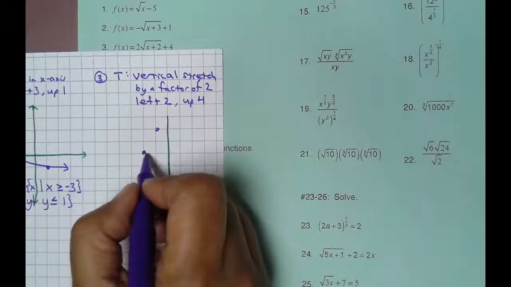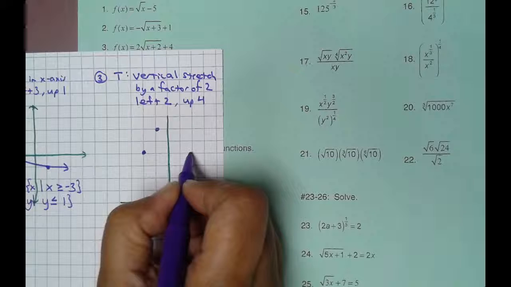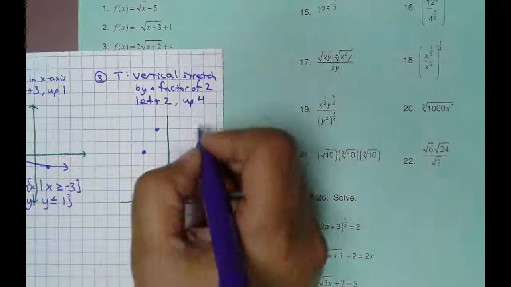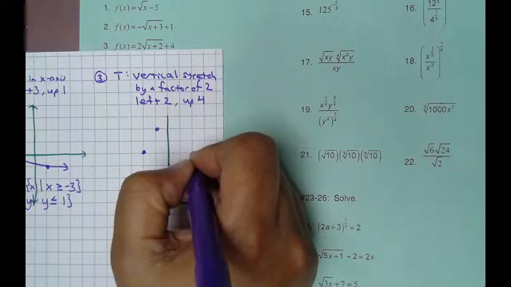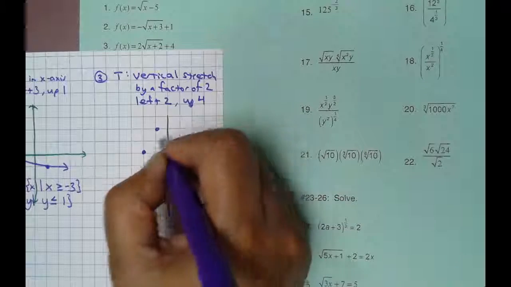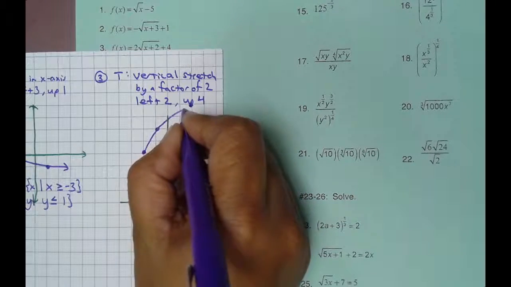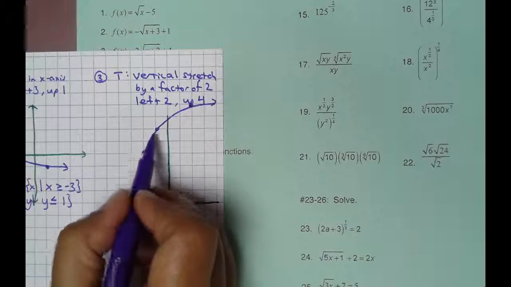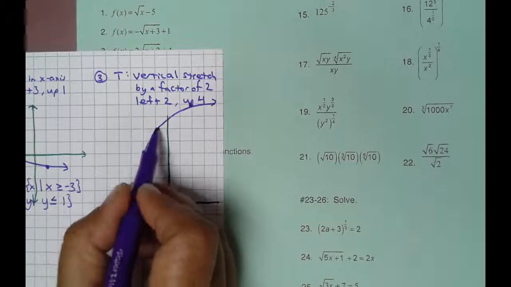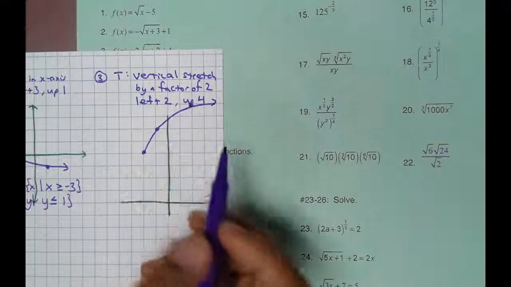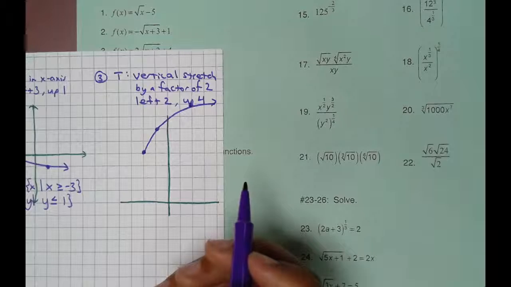Then we're going to go over 4, 1, 2, 3, 4, and then we're going to go up actually 2 times the 2, which is going to be 4. 1, 2, 3, 4. It takes us up to here. Okay, so we went up twice the amount. So instead of up 1, up 2, instead of up 2, we're going to go up 4 because we're doubling.